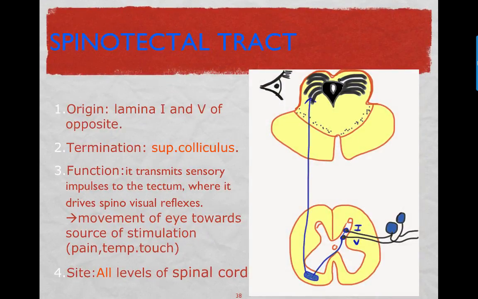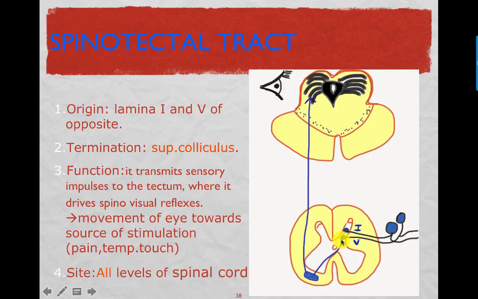Now we are left with the remaining ascending subcortical tract, which is the spinotectal. The spinotectal arises from a second order neuron also, and it is crossed and present in all the levels of the spinal cord. The first order neurons are responsible for carrying pain, temperature and crude touch, which reach the spinal cord, but some of the fibers will reach lamina 1 and 5.